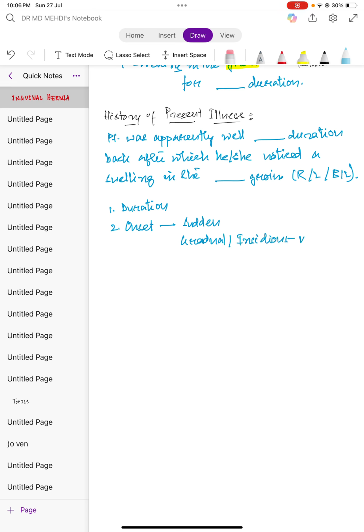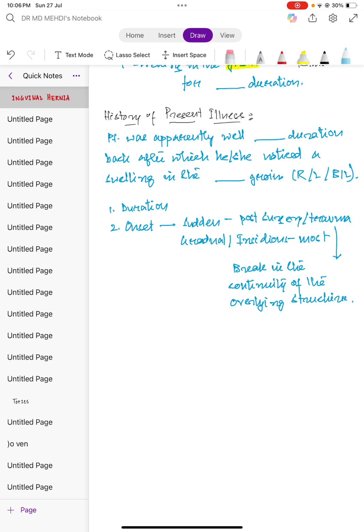Most hernias are insidious in onset, but sudden onset is usually post surgery or trauma. That is because of a break in the continuity of the overlying structures.